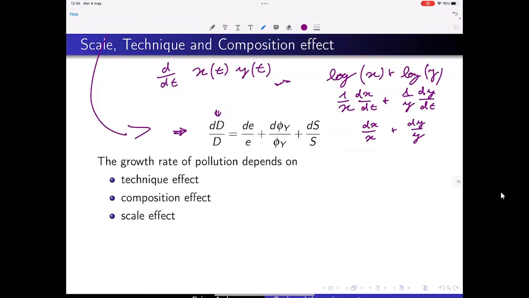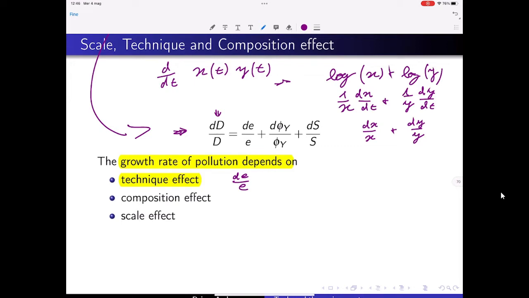Now, this tells you the following. How does pollution change today? Well, it depends on the technique effect. The technique effect is dE over E, so how technique changes.